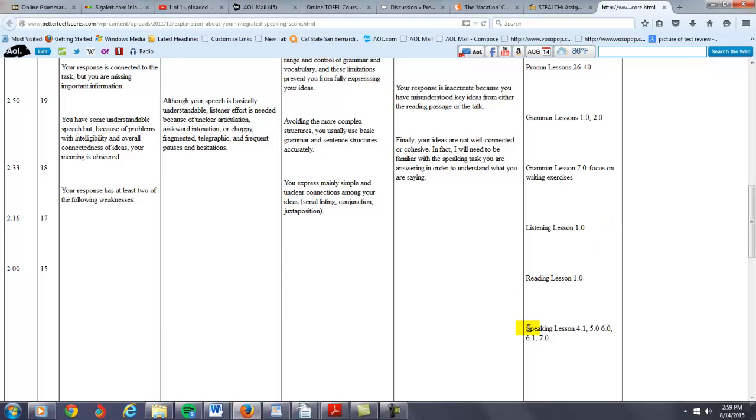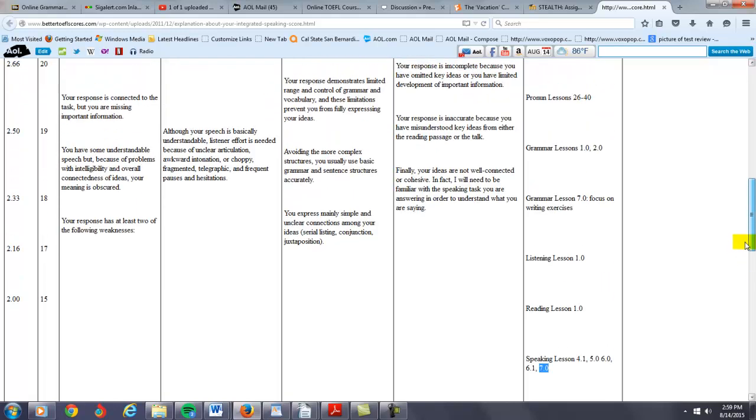Now the other one here is speaking lesson number 7. I definitely think you need to look at that particular lesson because your ideas did not connect together very well. Speaking lesson number 7 will give you some good tips on how you can better connect your ideas. So those are, I think, at least 2 lessons that you can focus on.